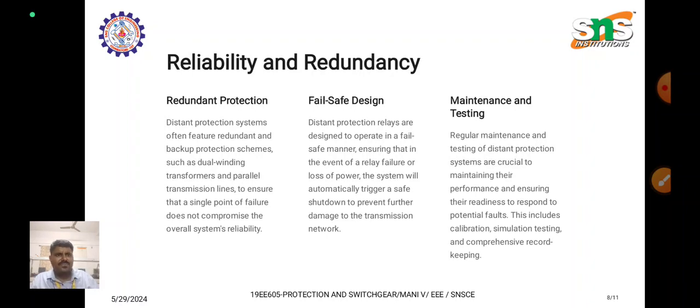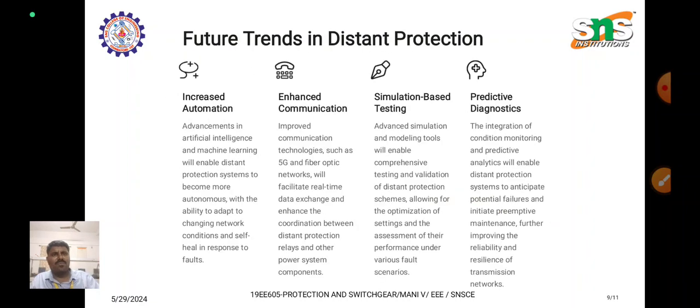Here we can ensure that in case of relay failure or loss of power, the system will automatically trigger a safe shutdown to prevent further damage to the transmission network. And regular testing and maintenance has to be followed, for calibration, simulation testing, and record of data to maintain stable operation.